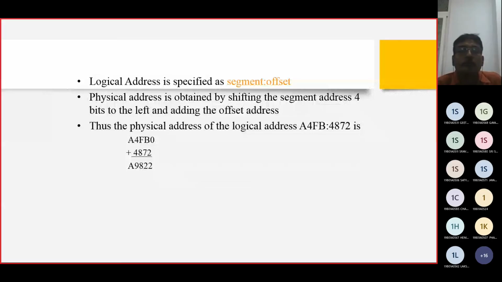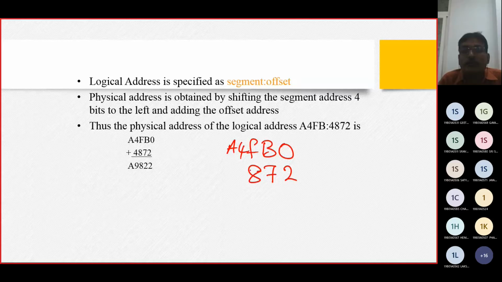So, one more example. You can see here A4FB0, and it is added with 2784.